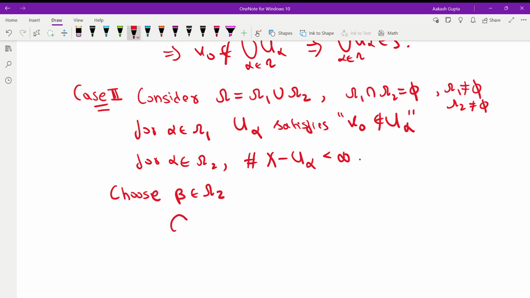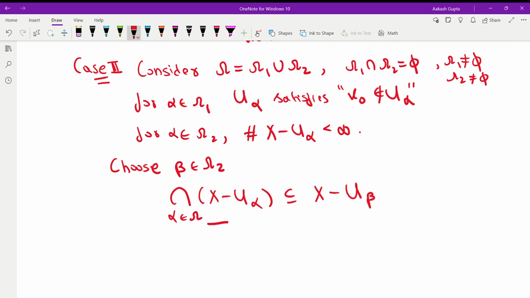Now what I want to say is this thing. Observe that the intersection over alpha in omega of u alphas is contained in this particular u beta, right? Because this is the intersection of all. This would be a smaller set, and this is a bigger set, right? I hope this is clear. Now I think you know my argument.